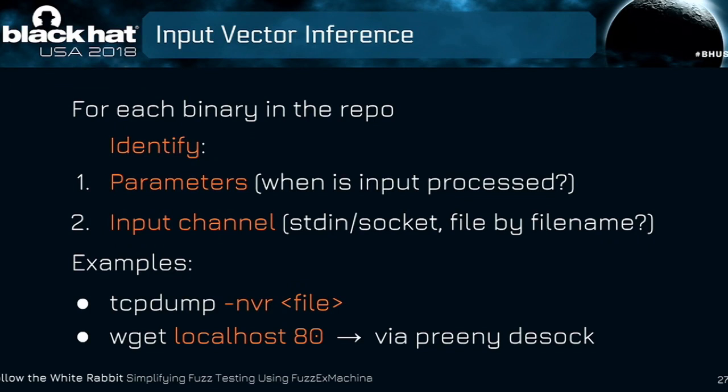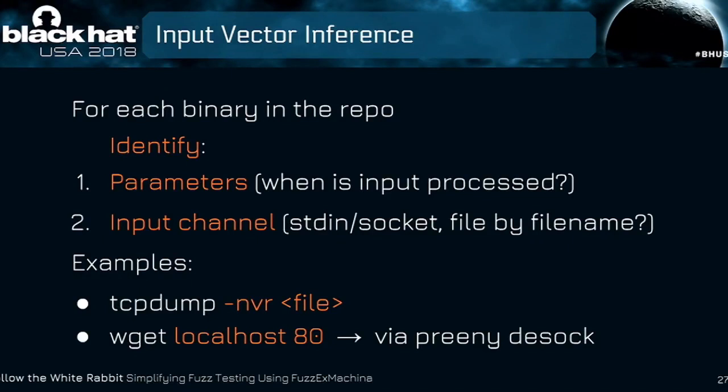So it's a preloaded library which hooks network calls so that every time the binary reads from a socket, the input actually comes from stdin. So in that sense, input from stdin and from sockets are the same for FuzzExMachina. So to give you two more examples, well, we already had the tcpdump example, which would be -nvr and then path to a file.